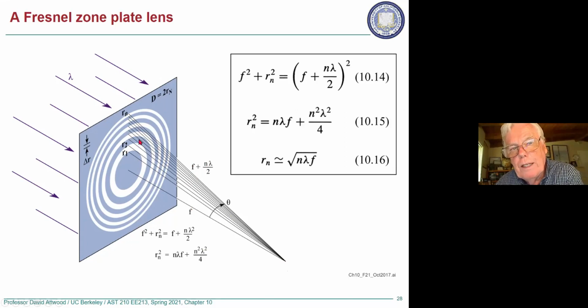So each of these rays shown here is the focal length plus n half wavelengths, for each half zone, for each half period. Okay. So now we use the Pythagorean formula. We square this, and that's got to equal R sub n squared plus f squared. So this is our Pythagorean formula here: a squared plus b squared equals c squared.